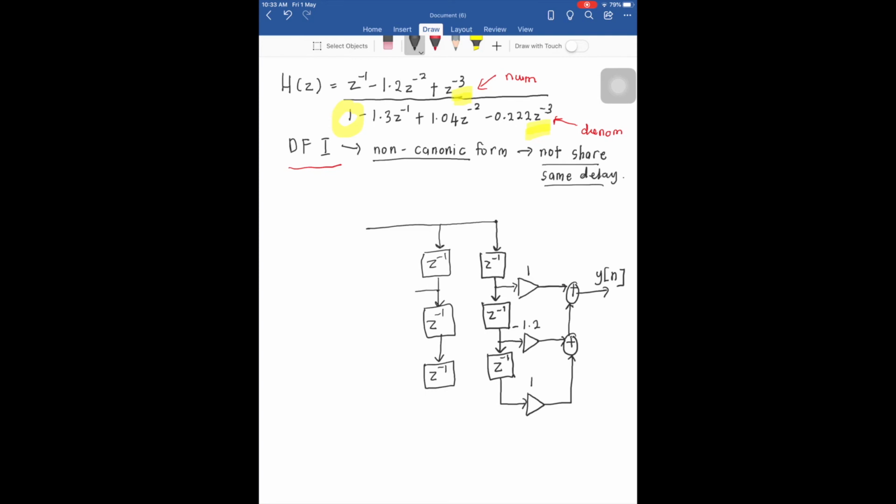After the first delay, we have positive 1.3. After the second delay, negative 1.04. After the third delay, positive 0.222. Next, we combine them. Done for direct form 1.